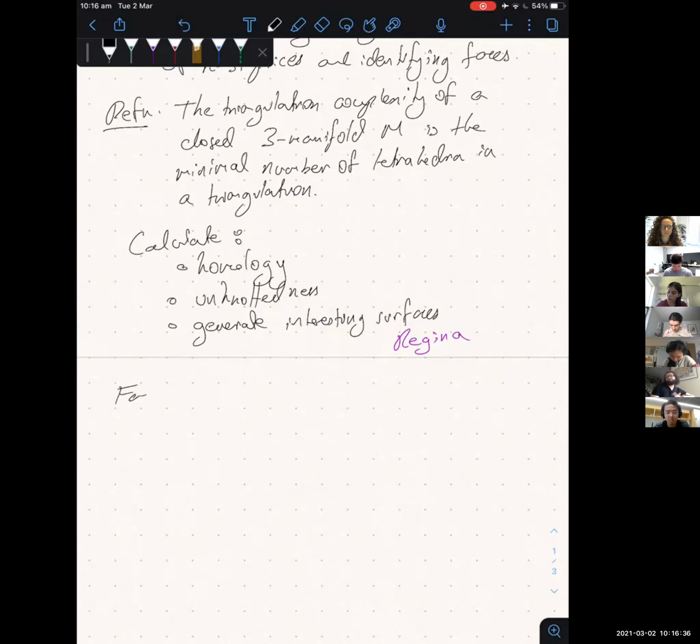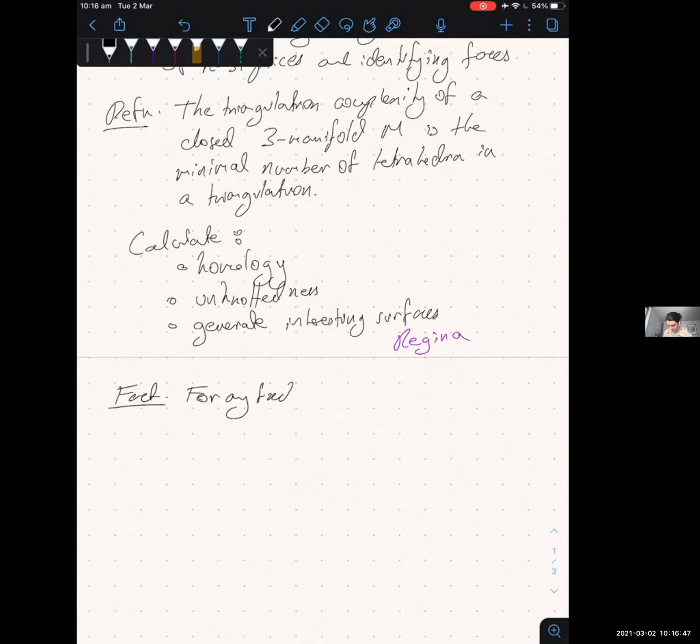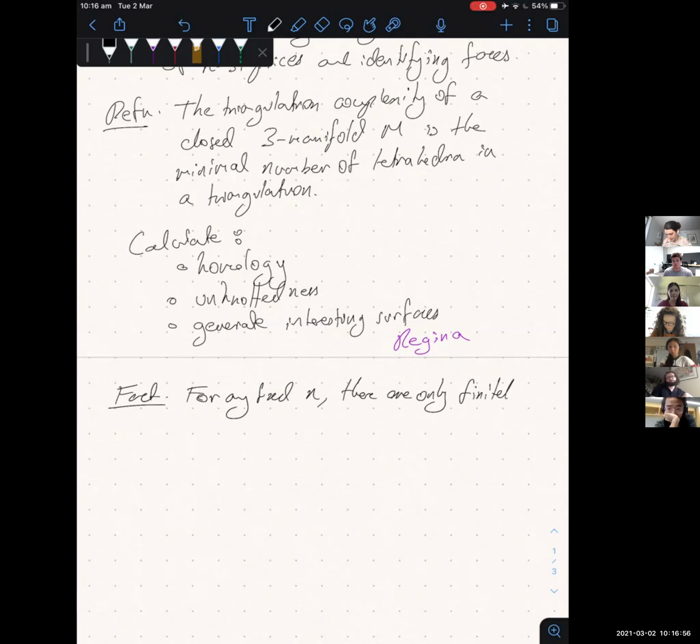First of all, they're not all 0, because just by seeing what you can do combinatorially, for any fixed number, it hopefully shouldn't be too hard to see that there are only finitely many 3-manifolds with, oh sorry, I should say that I'm going to use delta of M as the triangulation complexity.